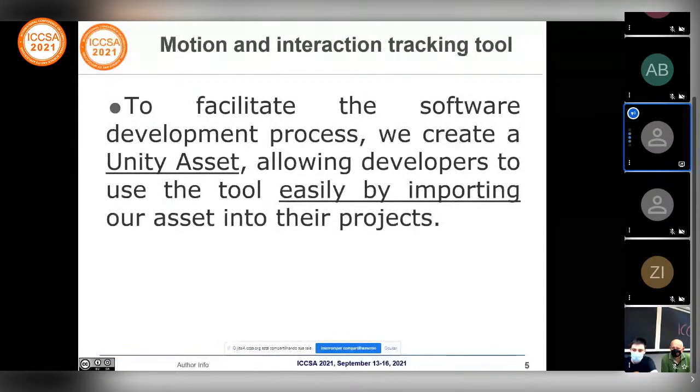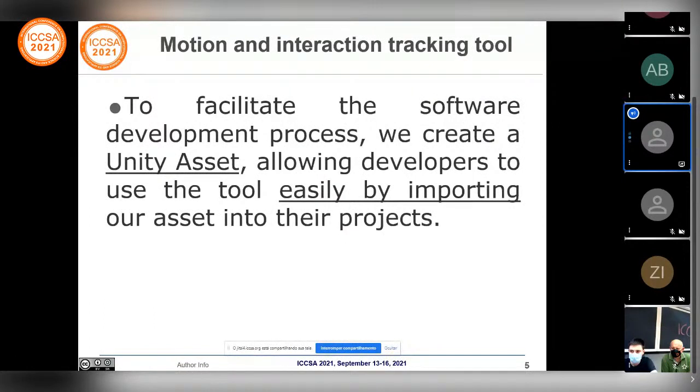To facilitate the software development process, we developed a Unity asset, allowing developers to use the tool easily by importing our asset into their projects.